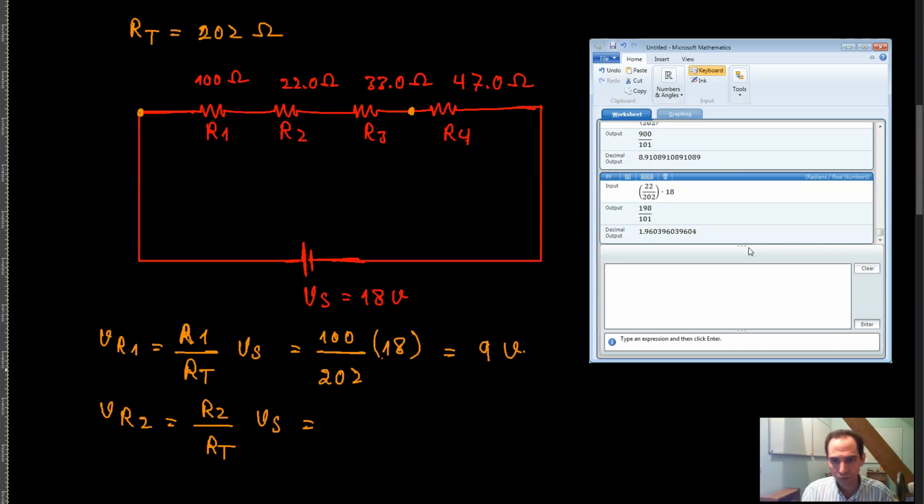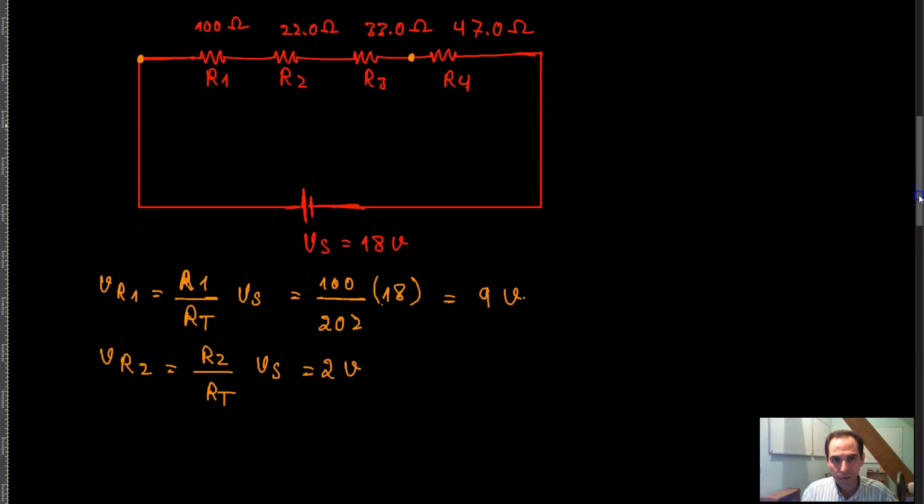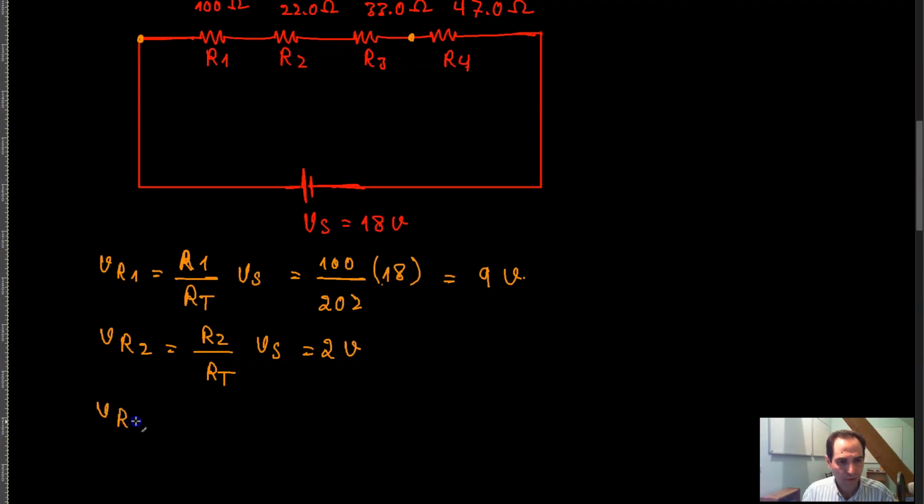I'm going to call it 2 volts. And V of R3 is R3 divided by R of T times V of S, which is equal to 33 divided by 202 times 18 volts, which is, let's call it 3 volts.